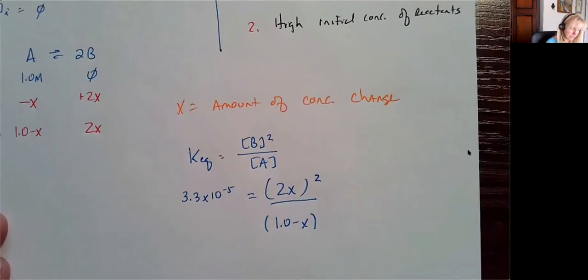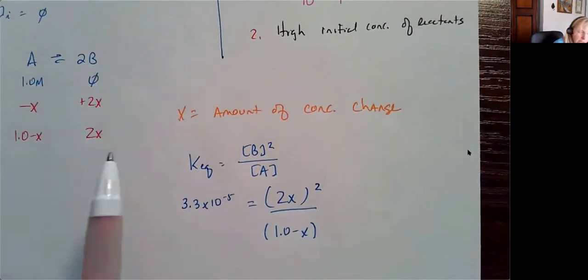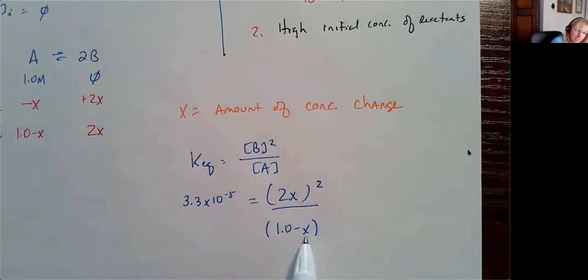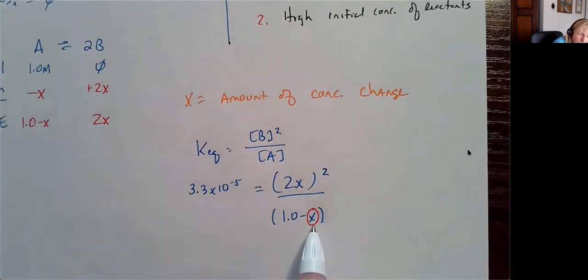So my X-small approximation: if I start with 0 concentration of B, B is going to go up. I'm going to have a concentration of B, so I can't do anything with this x. But my X-small approximation is saying that this is going to be so small that when I subtract it from 1 molar, it's essentially still going to be 1 molar.